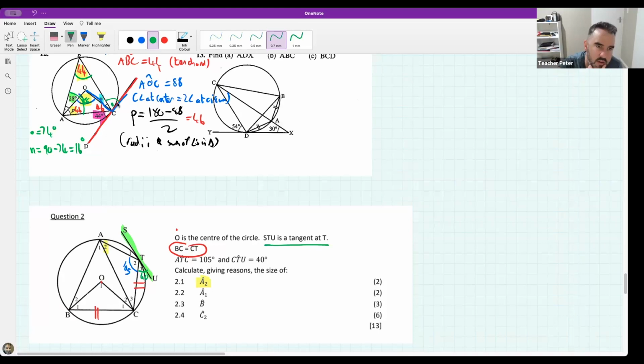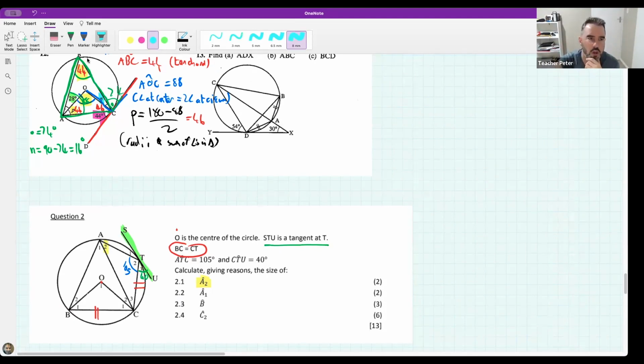And then we said that the angle between here and here is equal to the angle down here, which was 28 plus 46, which was 74. And then the blue bit that's hiding a little bit now is just 90 minus 74, which is 16. Let me know if that helped a bit.